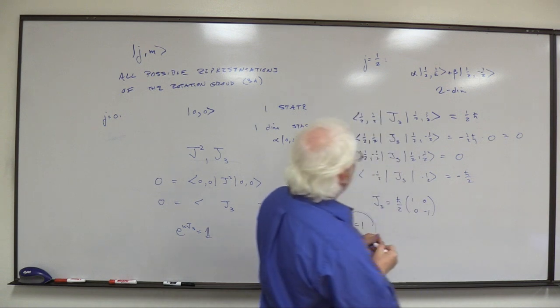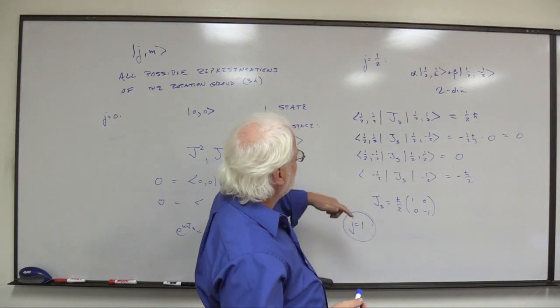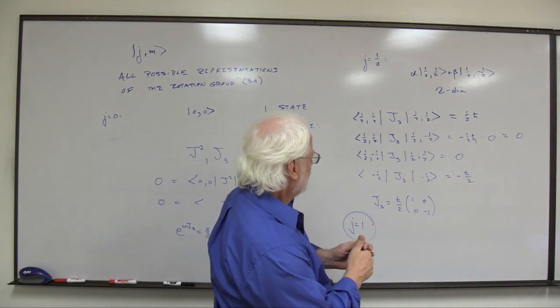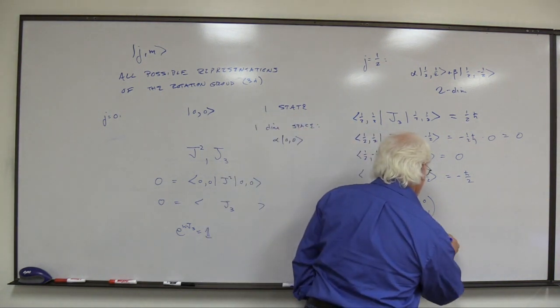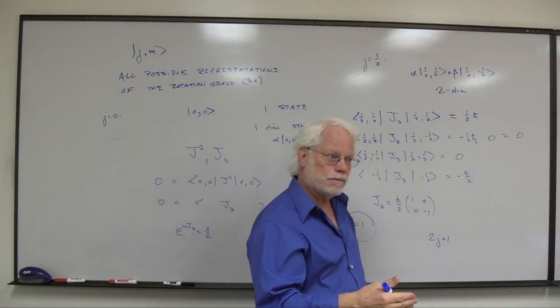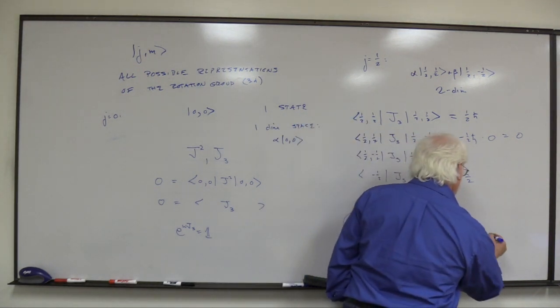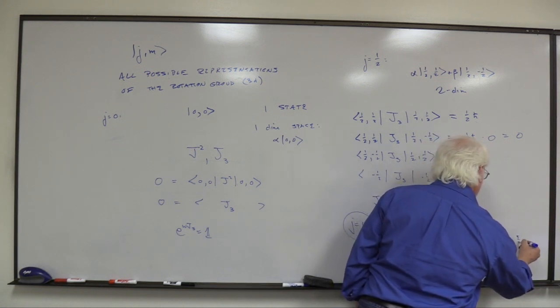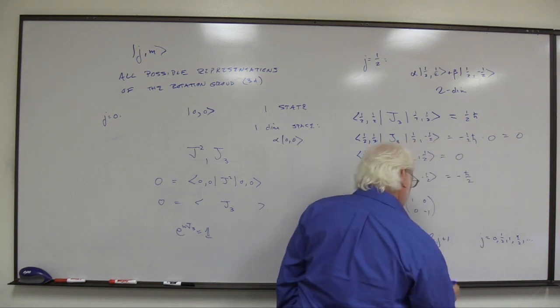But you can find a matrix representation, and now what is the dimension of the space? The dimension of the space is 2J plus 1. That's the number of different m's for any particular J, where J equals 0, 1/2, 1, 3/2, and so on.